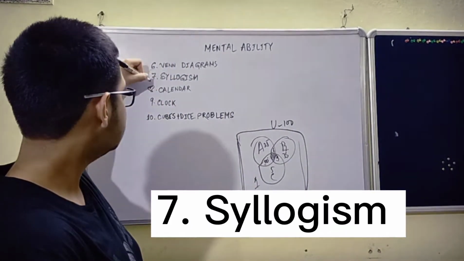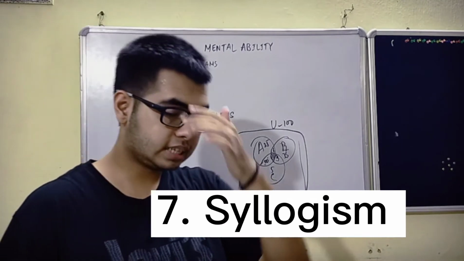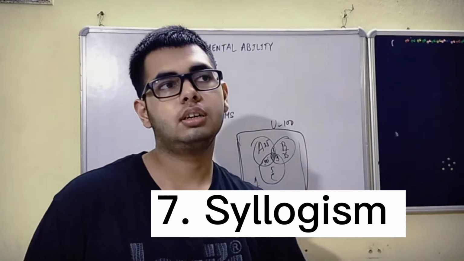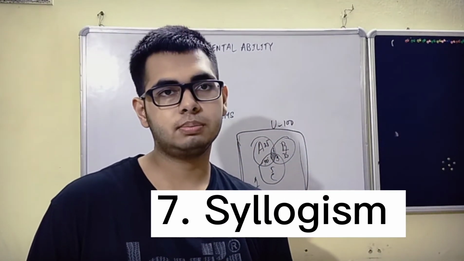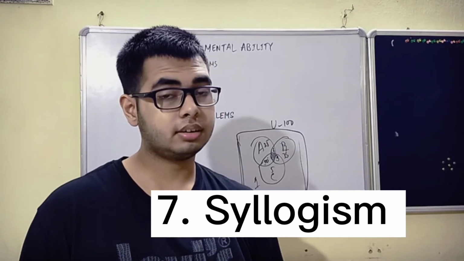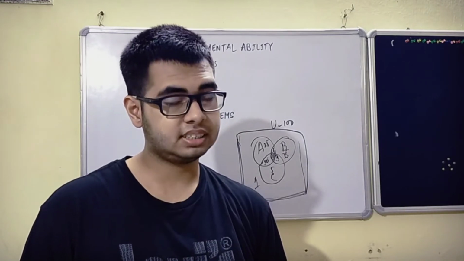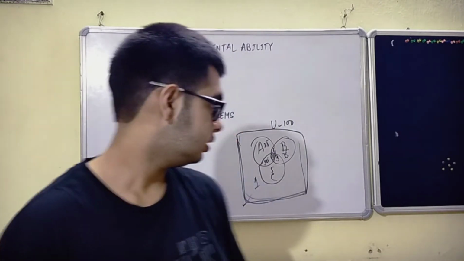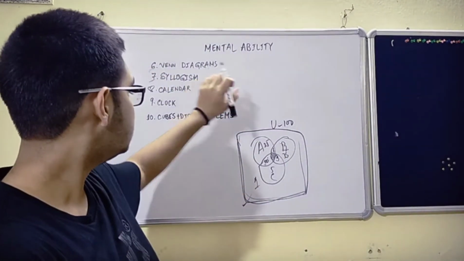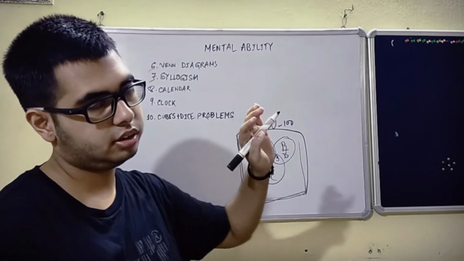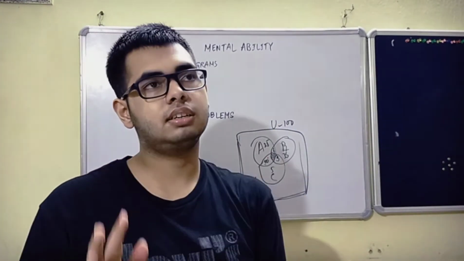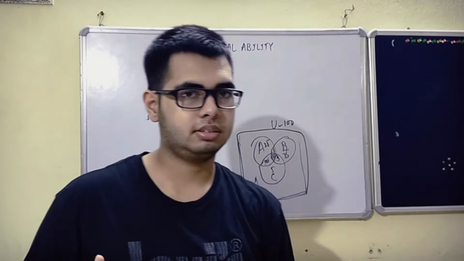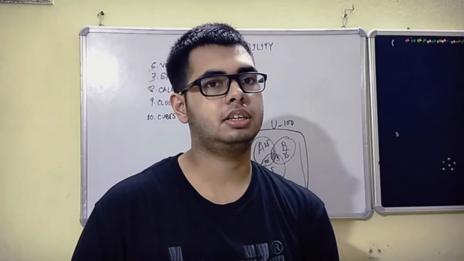Another topic is syllogism. Now syllogism is actually related to Venn diagrams. The questions of syllogism don't necessarily require the usage of Venn diagrams, but it becomes very easy if we use Venn diagrams. Syllogism questions are asked in a different way from other questions in mental ability.